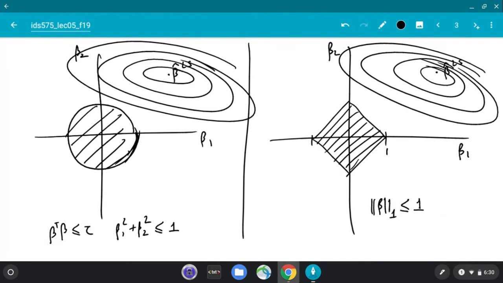So what are these points? 1, 0, 0, minus 1, and similarly. So they are just geometrically different. In 2 dimensions, you may say, oh, it's almost the same, it's not too different. But in higher dimensions, there is going to be a consequence. Actually, a little bit of higher dimensions beyond 3, which is what we cannot visualize.